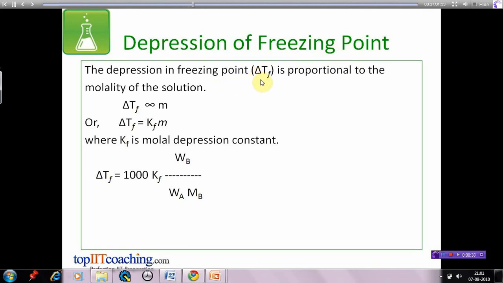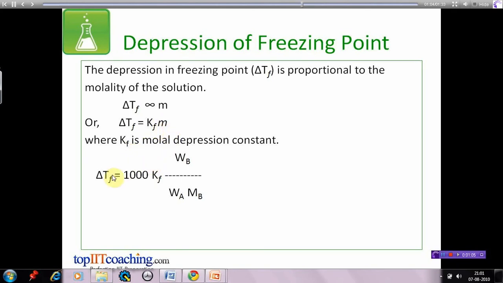Now, the depression in freezing point that we denote as delta Tf is proportional to the molality of the solution, denoted as small m, or delta Tf is equal to Kf into m, where Kf is the molar depression constant. It is also known as freezing point depression constant. It is the depression in freezing point when 1 mole of a solute is dissolved in 1000 grams of the solvent.